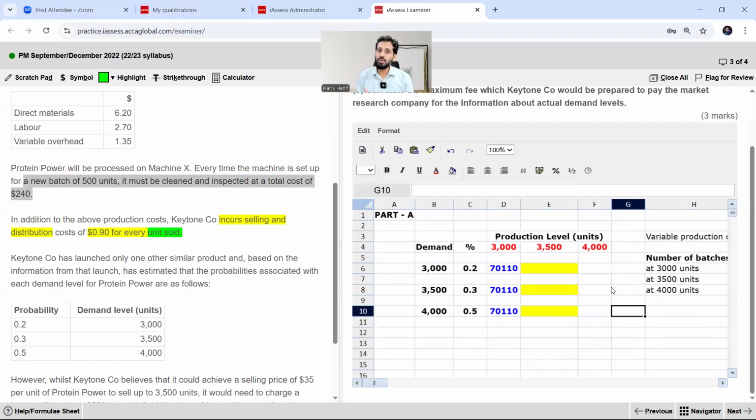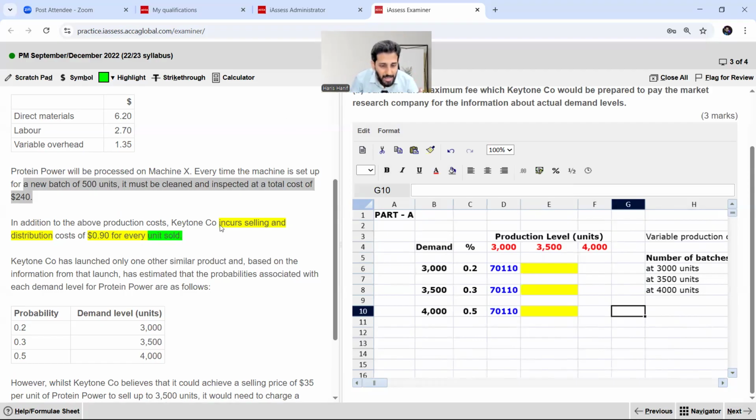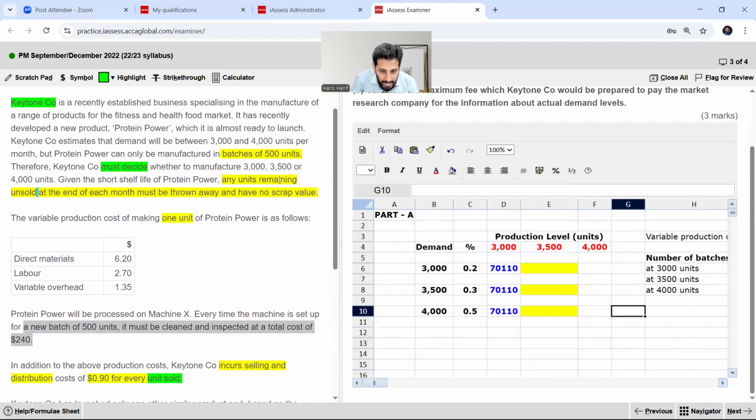How did I come to know it will be fixed? Because it is clearly mentioned in the question that any units remaining, that means units produced but not sold, must be thrown away and have no scrap value. That means it's simply your loss. So the basic principle here is that you have to produce 3500 units. That's it.